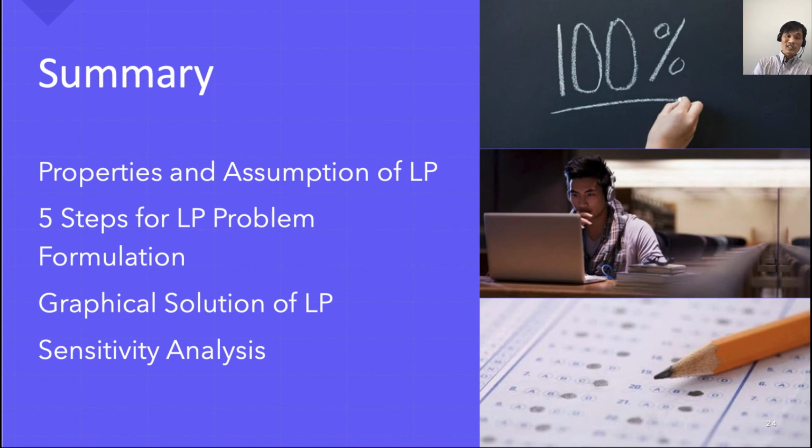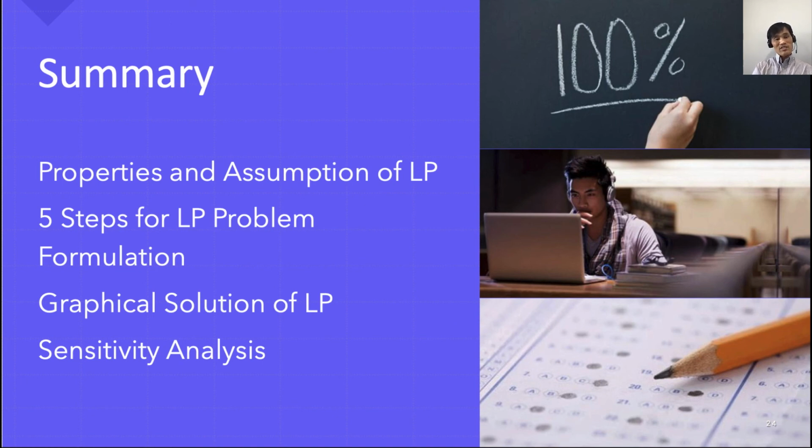Afterward, we have to identify the constraints of the problem, and we have to put them into graphics. We have to draw the constraints and then see where the feasible region is and find the solution using the iso-profit line or iso-cost line. That's what we learned in the 5 steps of linear programming problem formulation, and it was very much related to the graphical solution of linear programming.